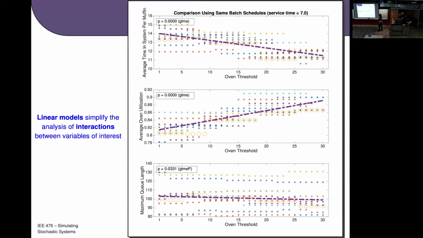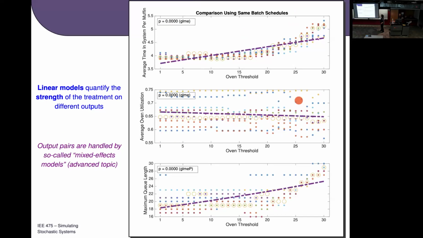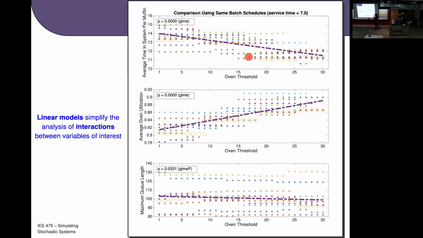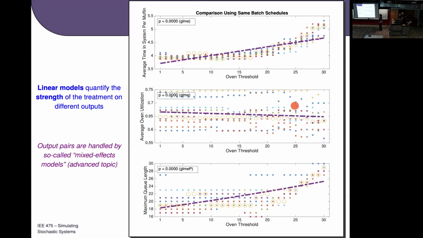But if I go over here, where my service time is now 7, so here the service time is whatever it was. I forget what the default service time we gave you was. But when I change it to 7, this slope goes the other direction. And then this slope starts increasing, even though it was flat there.